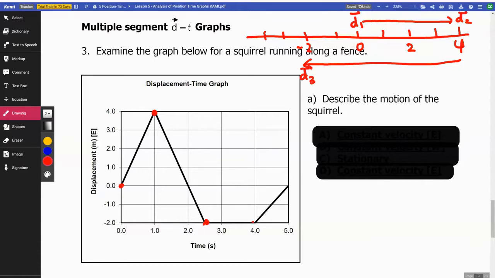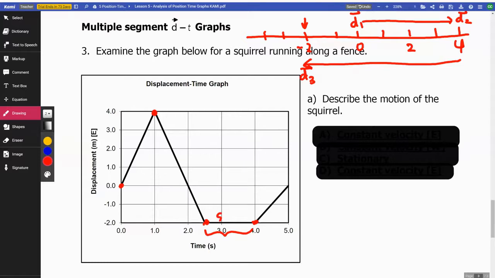Okay, finally, what did they do? What is this part? What is going on between 2.5 seconds to 4 seconds? He stays at negative 2. Do you see the segment that is a horizontal line? He didn't move anywhere. He stayed at negative 2 the whole time until 4 seconds is up.